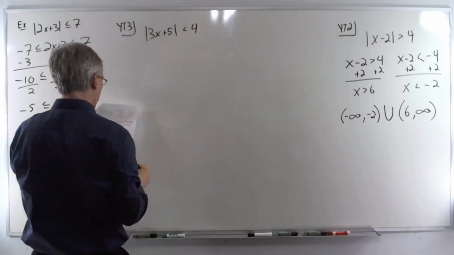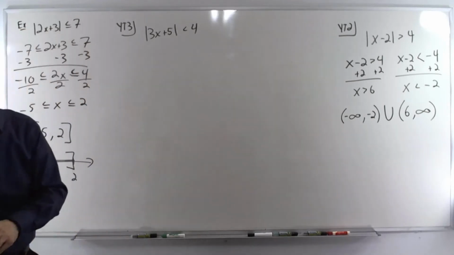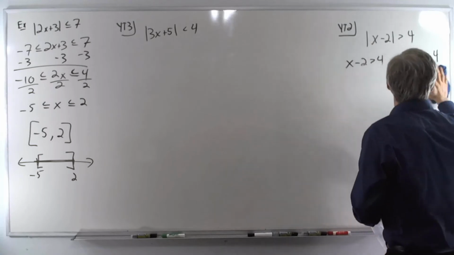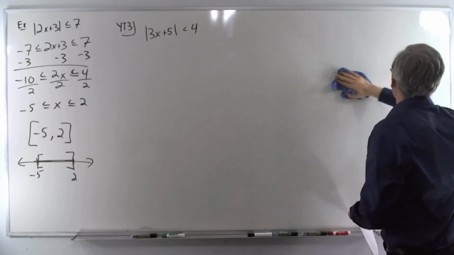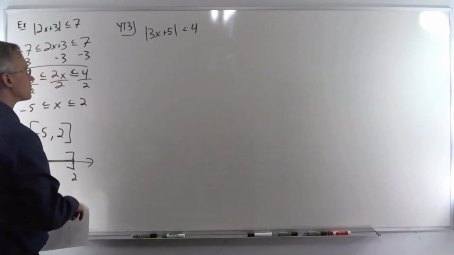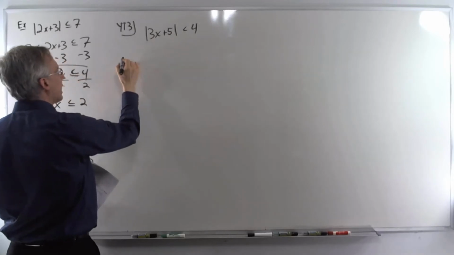Your turn, number 3. Absolute value of 3x plus 5 less than 4. Absolute value is less than the number, so that is an and inequality.